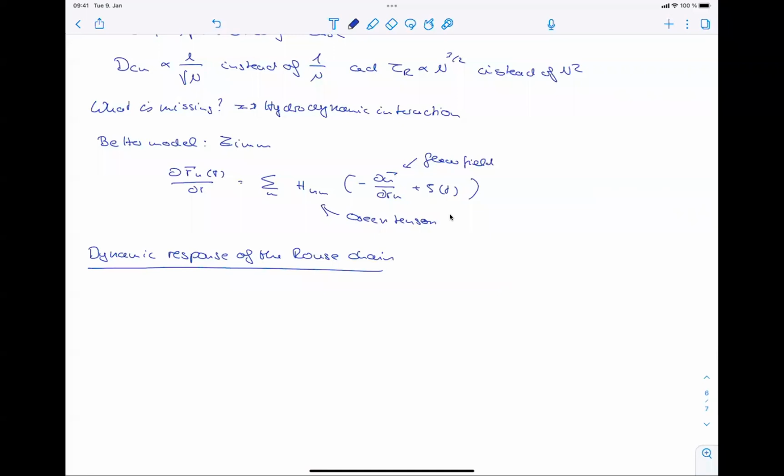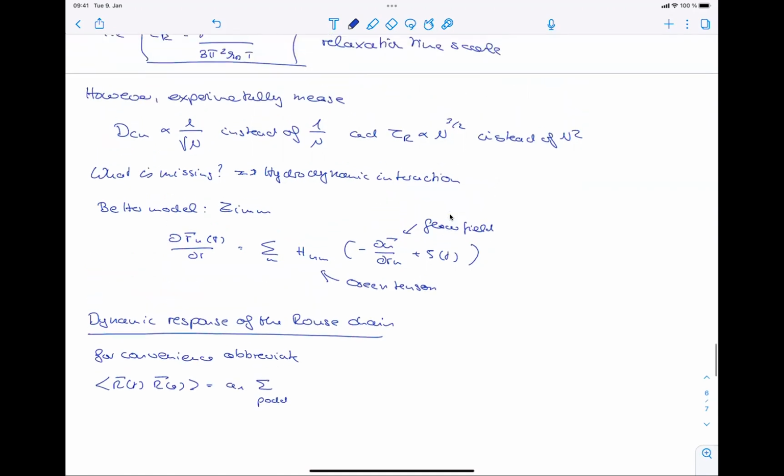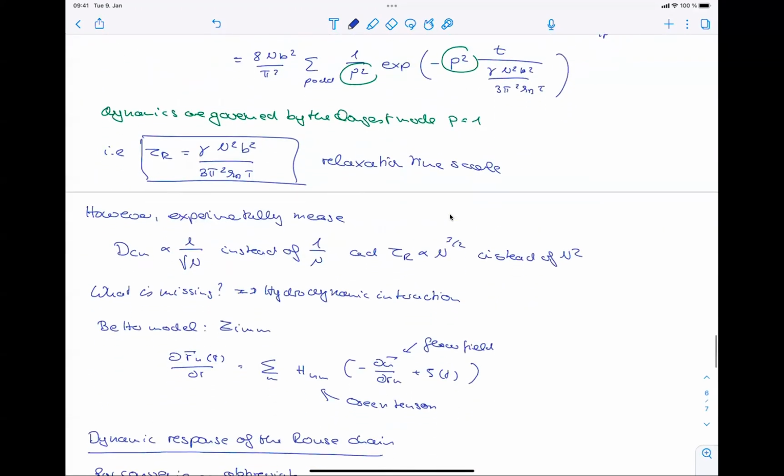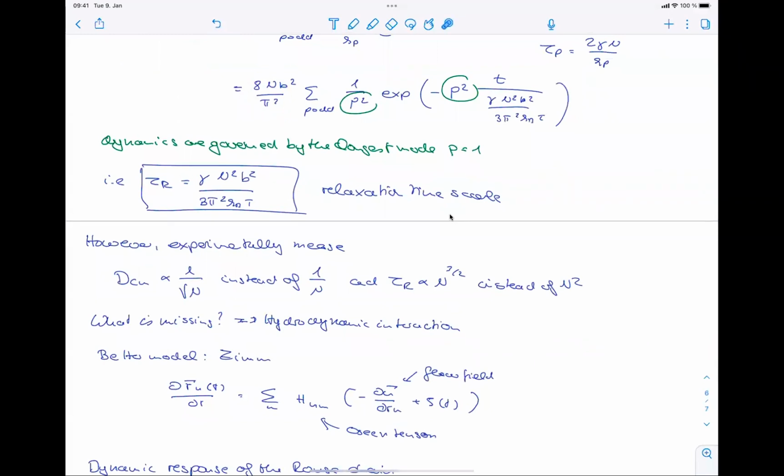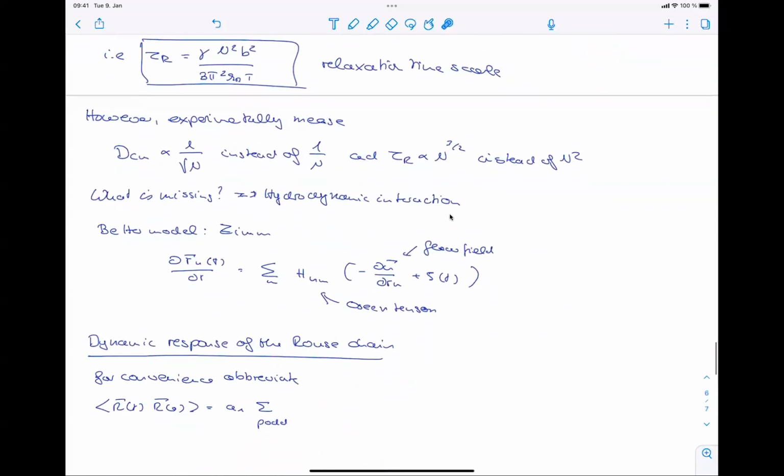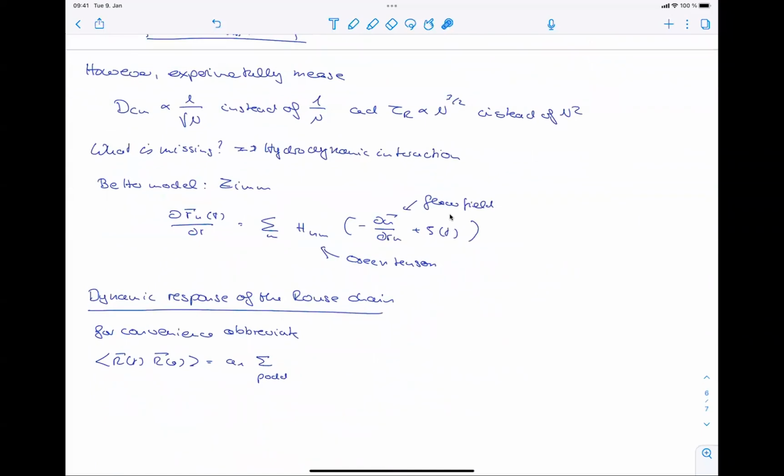Let me, for convenience, abbreviate. So I'm lumping together these prefactors into an A1.